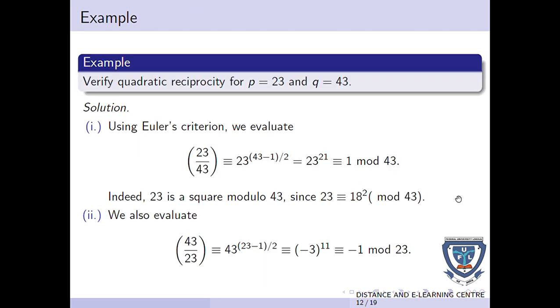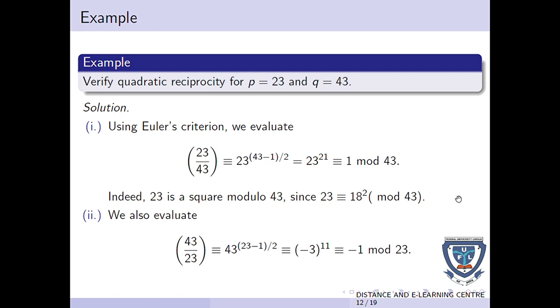Let's look at another example here. We should verify quadratic reciprocity for when p is 23 and q is 43. Using Euler's criterion, this is direct. You simply apply the formula, and whatever evaluation you get tells you what the answer is. For 23 over 43, when you apply Euler's criterion, you will simply have 1 modulo 43.